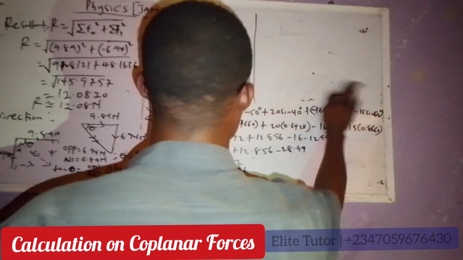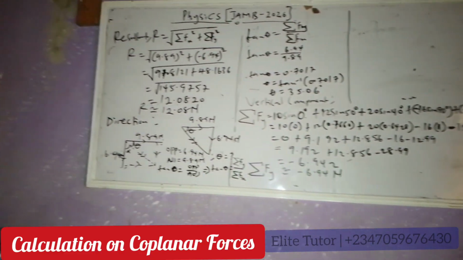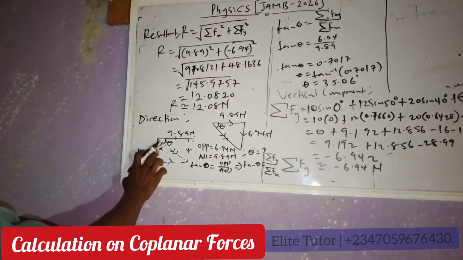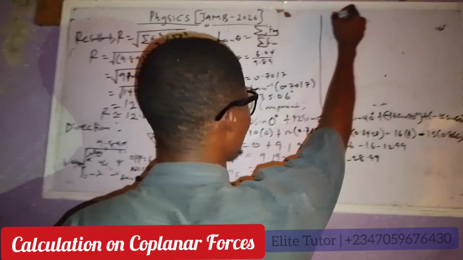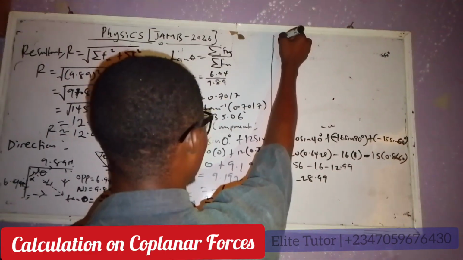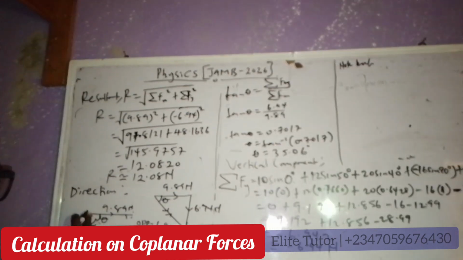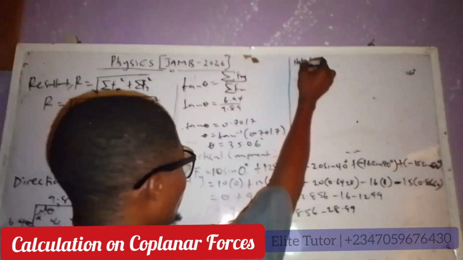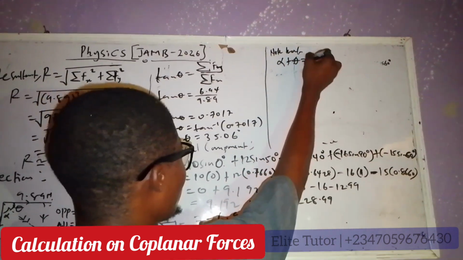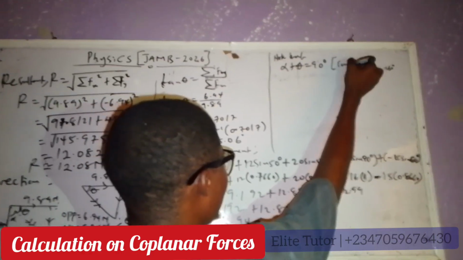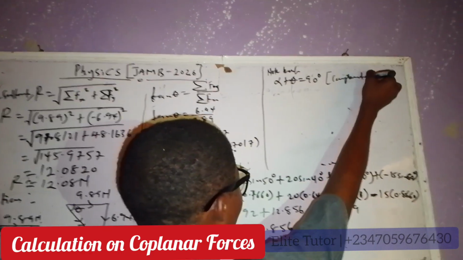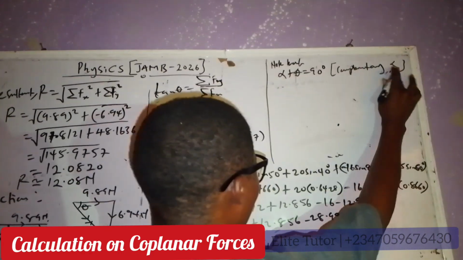Alright. So it's very clearly understood from here. So we now have to get this one. So note that this plus this make up 90. So alpha plus theta is equal to 90 degrees, complementary angles, sum of 90 degrees.